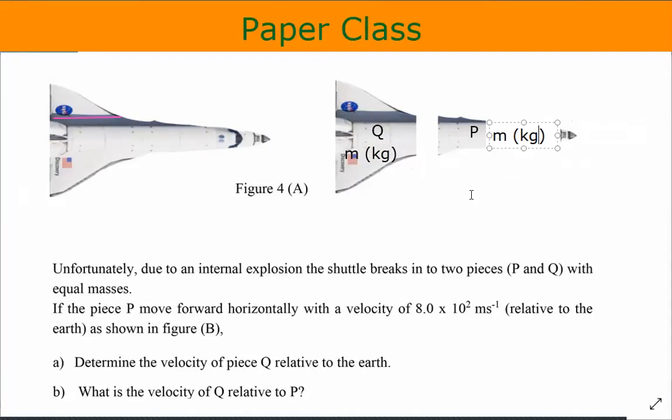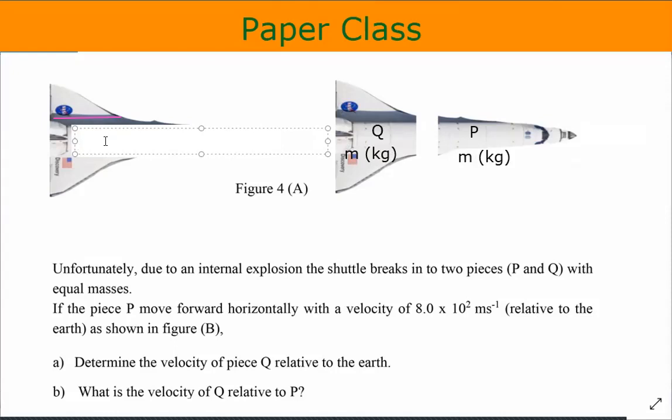Mass of this one is M, mass of this is M. Then what should be the total mass of the rocket before the explosion? 2m, sir. It should be 2m. So if the mass of the rocket is 2m kilogram, once it is broken into 2 equal pieces, the mass of one piece will be m, and the mass of the other piece will also be m kilogram.